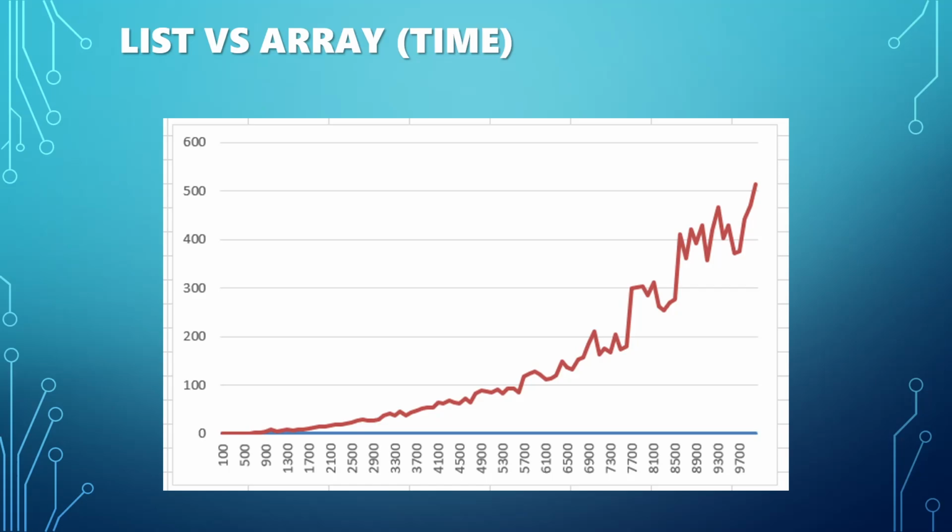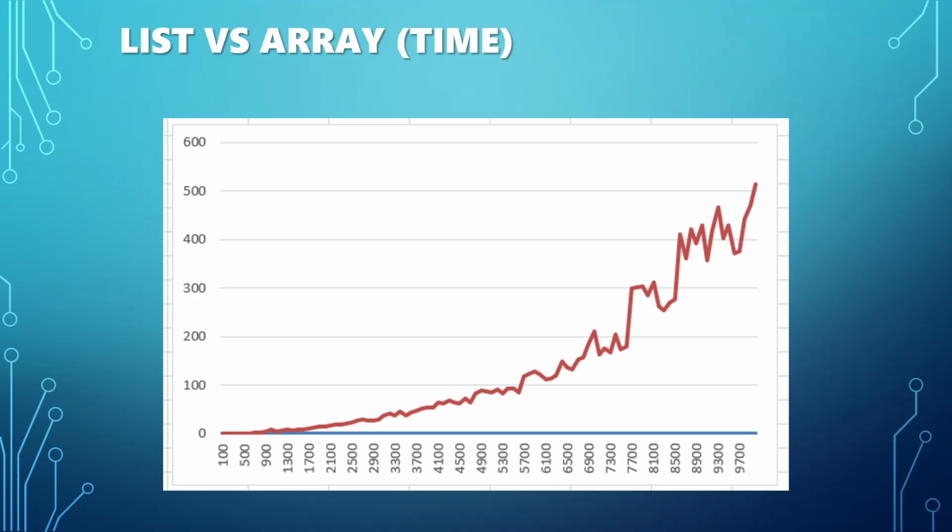First of all, the red line belongs to list, and the blue one belongs to array. We see that the list implementation is much slower than the array one because its function grows dramatically faster in comparison with the array one.